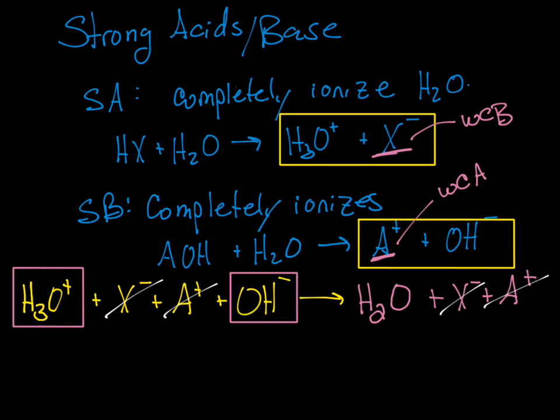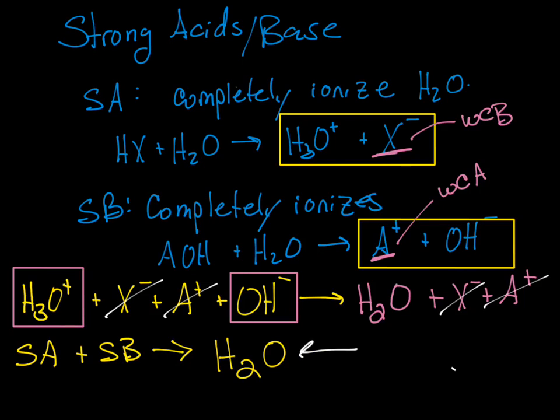So this is kind of cool. All of this is to say that a strong acid plus a strong base basically produces, not H3O plus, but water. The way I wrote this example, it looks like if you mix together a strong acid and a strong base, you end up with simply water, which is a neutral solution.